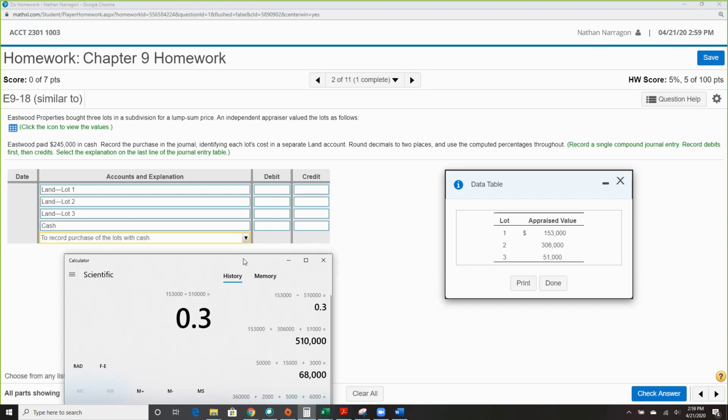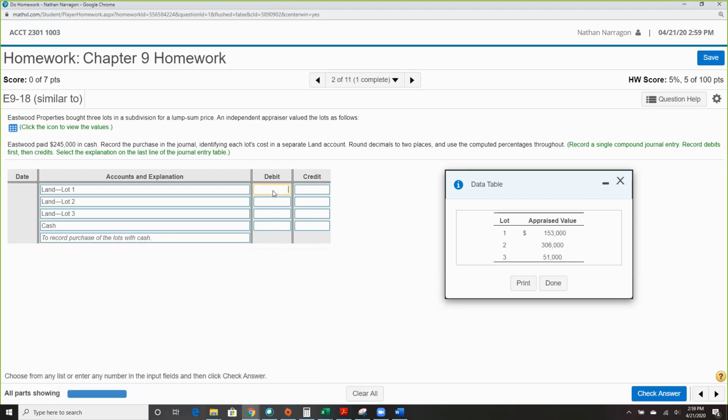So, lot 1 was 30%. So, take that 30% and multiply it by the cash we paid. So, its allocated price is actually going to be $73,500. I can go ahead and put in cash, because they're going to equal out to 245.